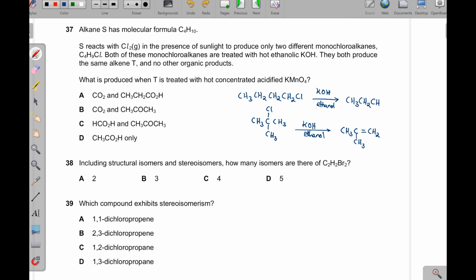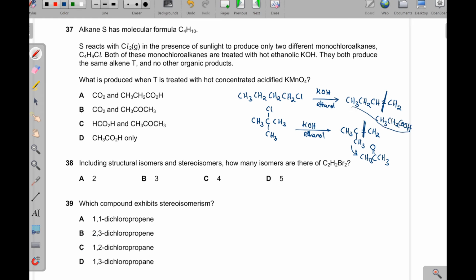Now, when we put hot concentrated acidified potassium permanganate, we are going to see the double bond broken completely, and then oxidation takes place. So this one will give us CH3, C, O, and then CH3. This is what it is going to give us. And then here we shall get CH3, then CH2, COOH.